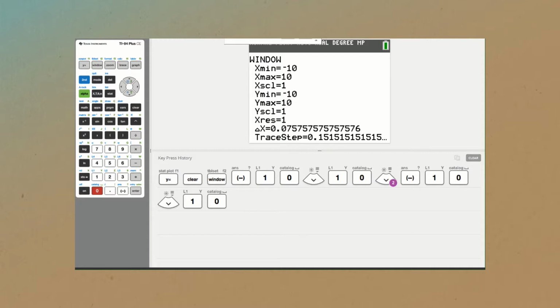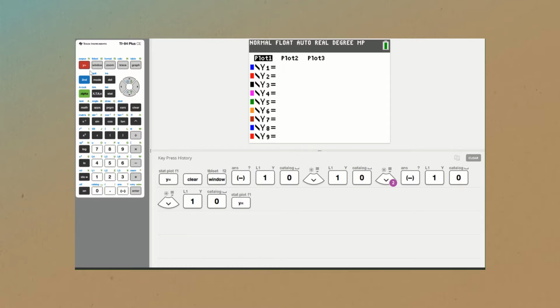All right, well, you may recall that in our first system, I had simplified that to two equations, y equals x minus 2, and y equals negative 2/3 x plus 3. And it looks like I've got my window settings in kind of the default position. I think that's where I want to be. So I'm going in here to y equals.